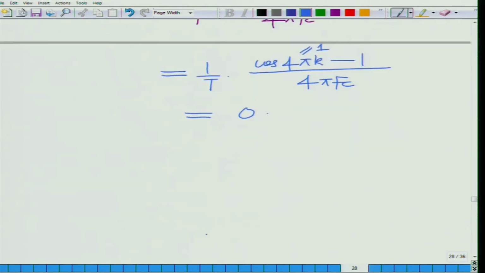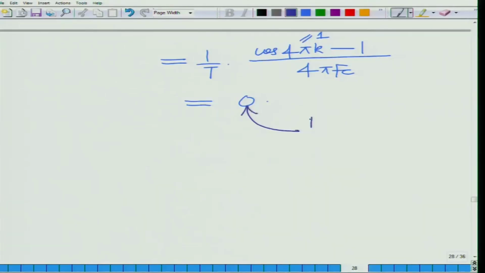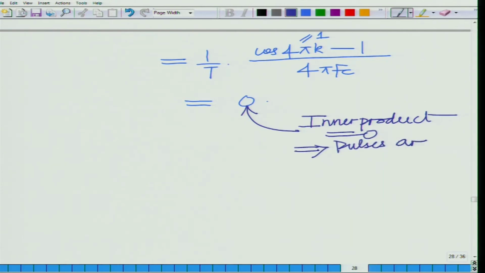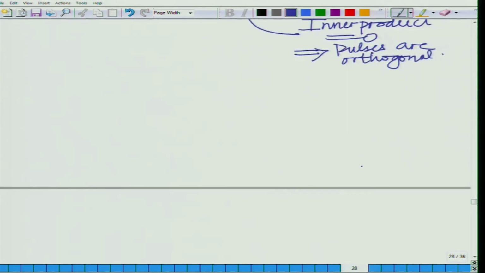Okay. So, the inner product of the two pulses. If you look at the inner product between pulse p1(t) and p2(t), the inner product is 0. So both these pulses are orthogonal. The inner product of pulses is 0, this implies the pulses are orthogonal.